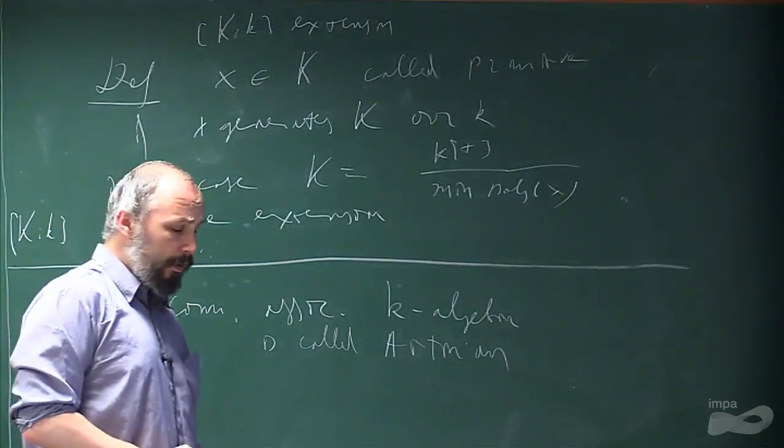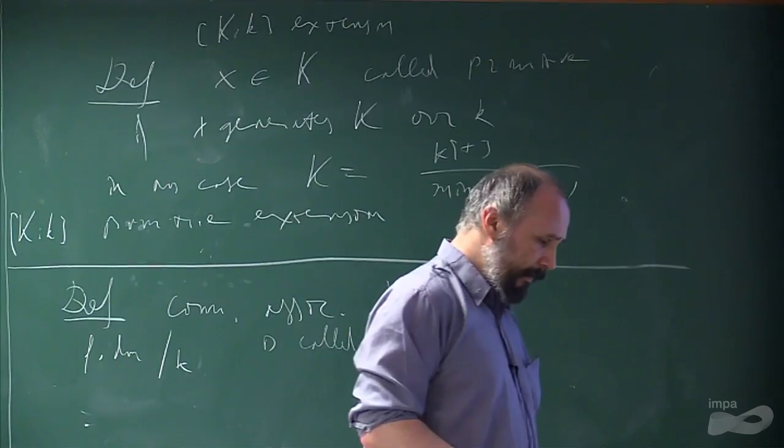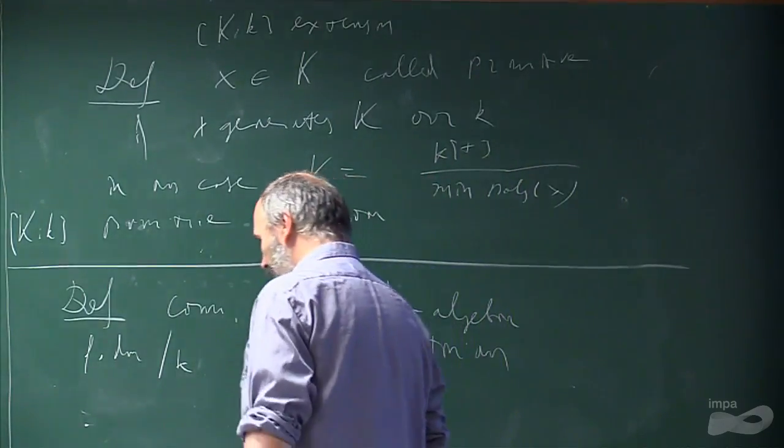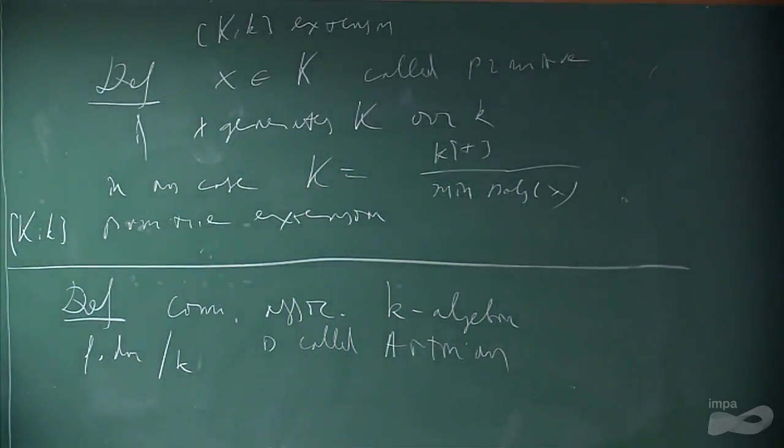So usually we have unity, but when we speak categorically, we are interested in morphisms of such objects. They typically don't preserve the unity.